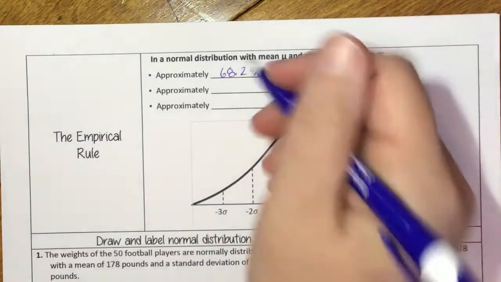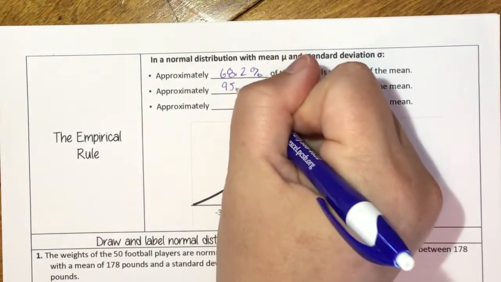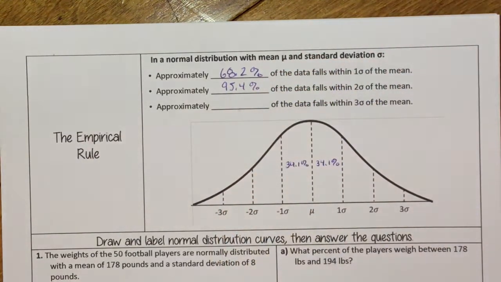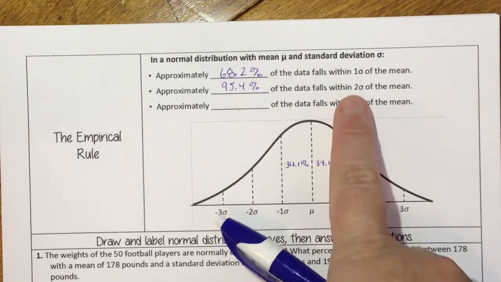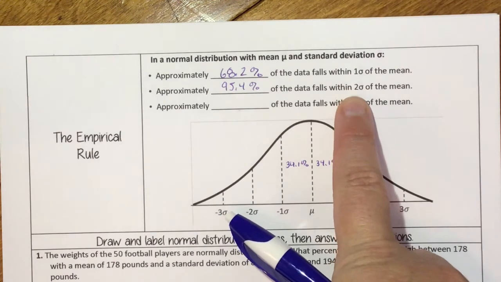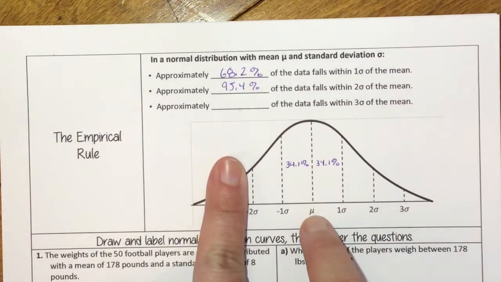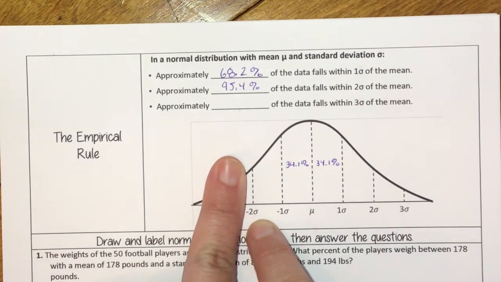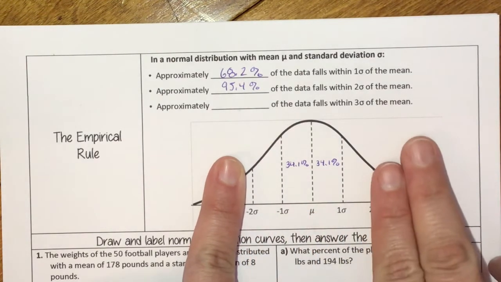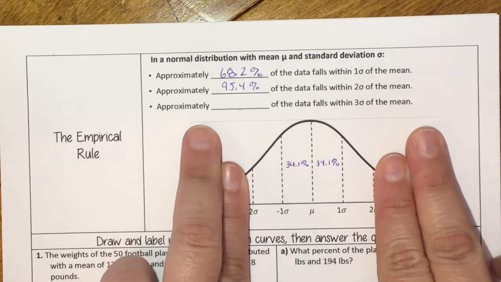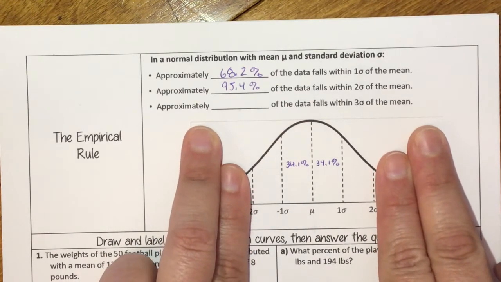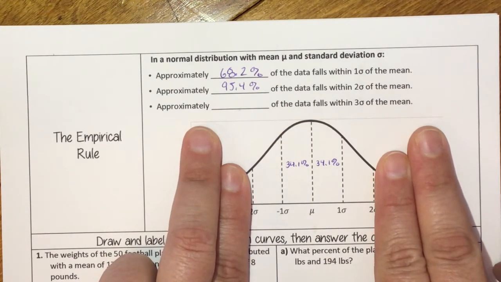Okay, next, approximately 95.4% of all the data falls within 2 standard deviations of the mean. So that means going from 2 below the mean all the way up to 2 above the mean, in that region of our curve, 95.4% of the data will fall in that group.